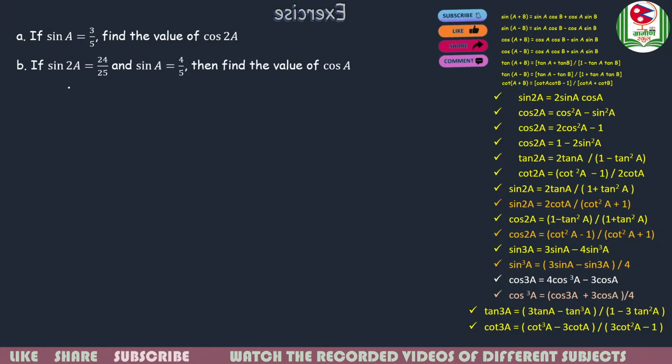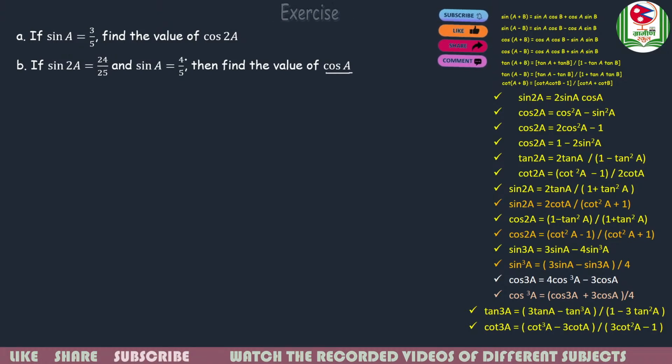Now, if sin 2A equals 24/25 and sin A equals 4/5, then find the value of cos A. How will you find the value of cos A? It's very simple.